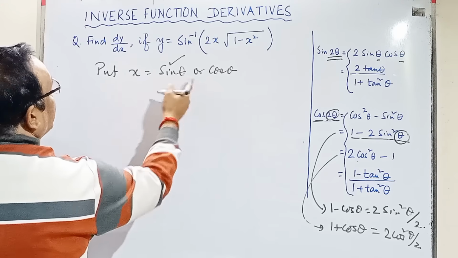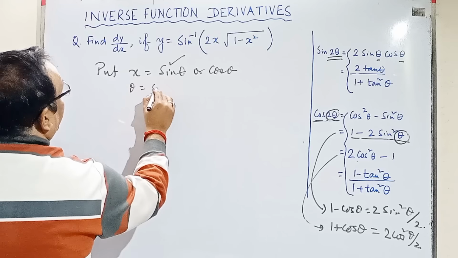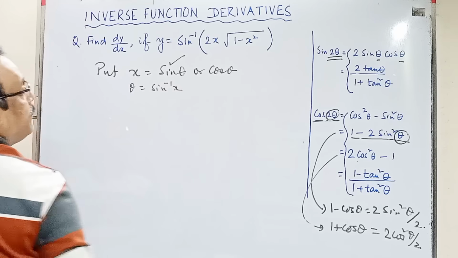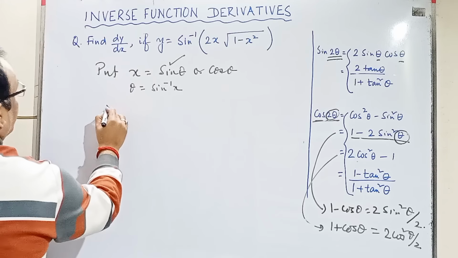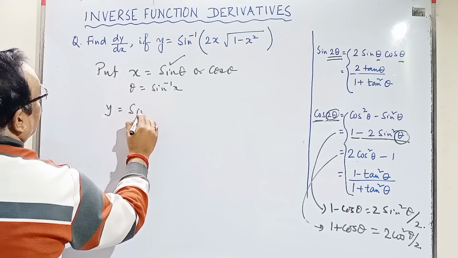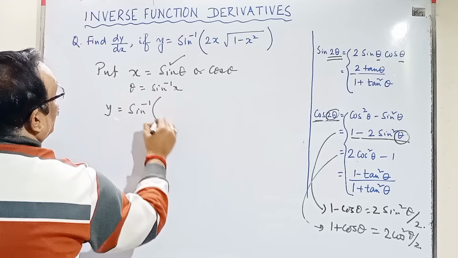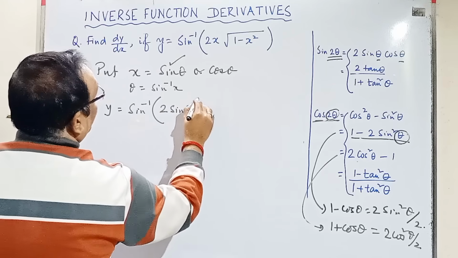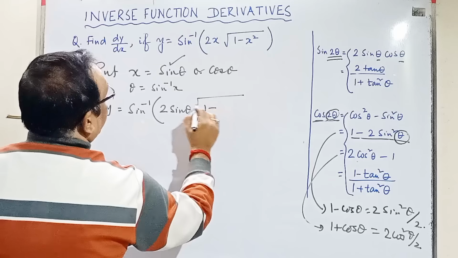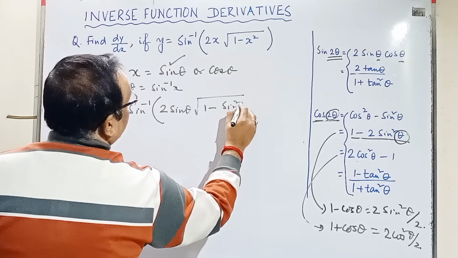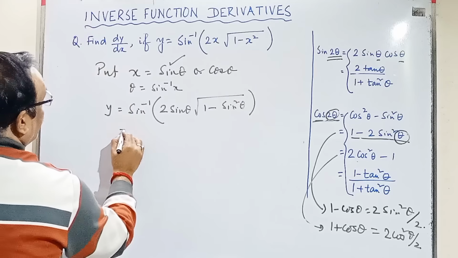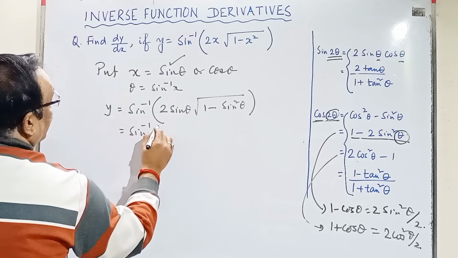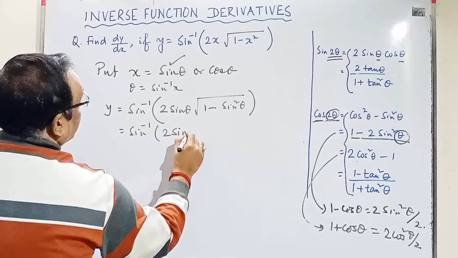So if I am taking x is equal to sin theta, then theta is equal to sin inverse x. So this sum becomes y is equal to sin inverse of 2 into sin theta into root over of 1 minus sin square theta.